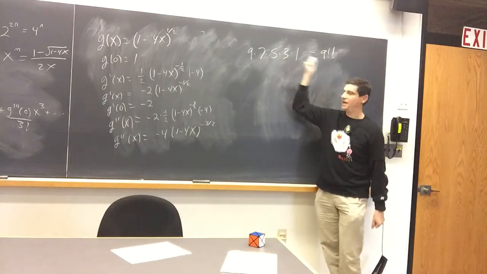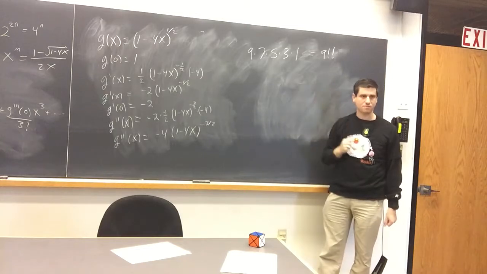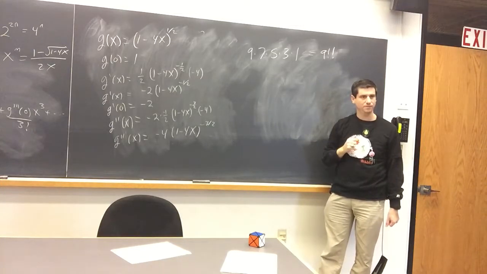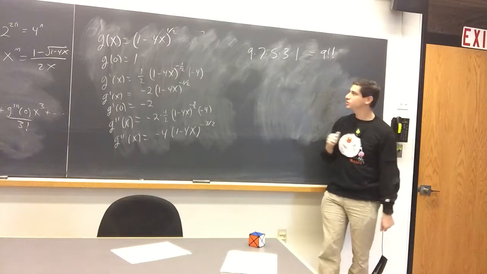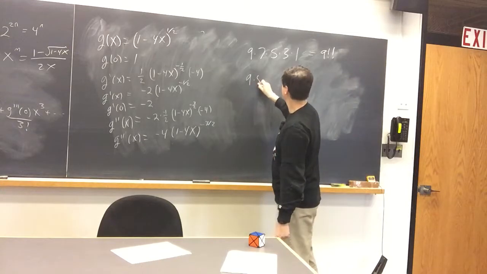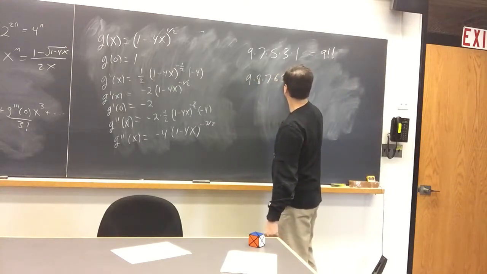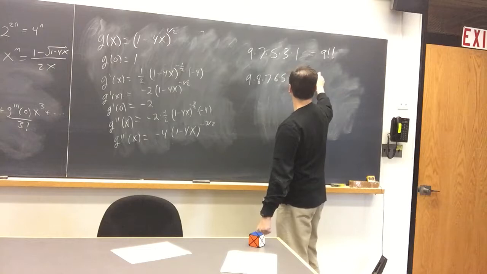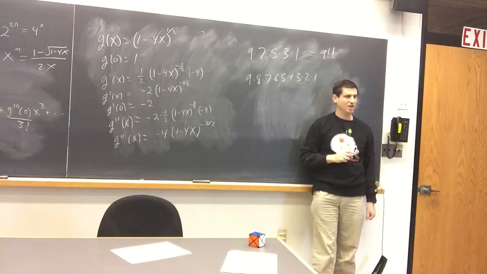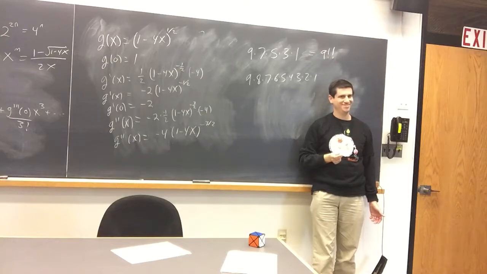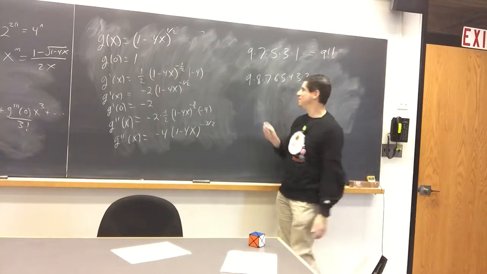What would you have loved to have had here? Yeah, so let's just put them in. 9 times 8 times 7 times 6 times 5 times 4 times 3 times 2 times 1. Are you allowed to just throw terms in the numerator? You must divide.